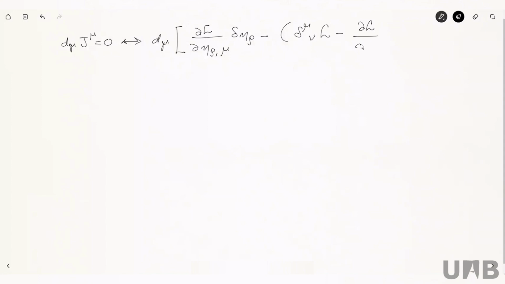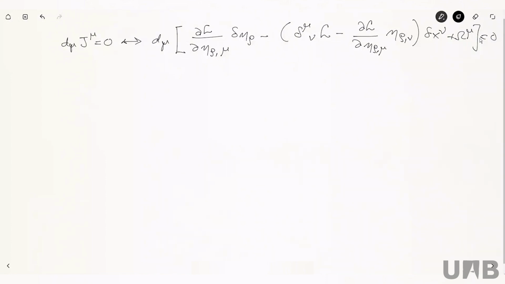Your derivative mu of J mu equals 0, which is the derivative mu of partial of L with respect to eta rho comma mu, delta eta rho, minus delta mu nu times the Lagrangian density, minus dL with respect to eta rho comma mu, eta rho comma nu, delta x nu, plus omega mu equals 0.